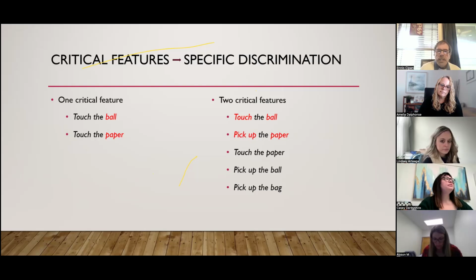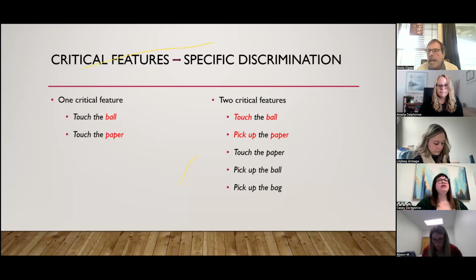Simple discriminations have basically one critical feature, but many of the tasks you hopefully get to when the child progresses have two critical features. For example, here's a discrimination task that varies both the action, touch versus pickup, and the item, ball versus paper, or any other item.